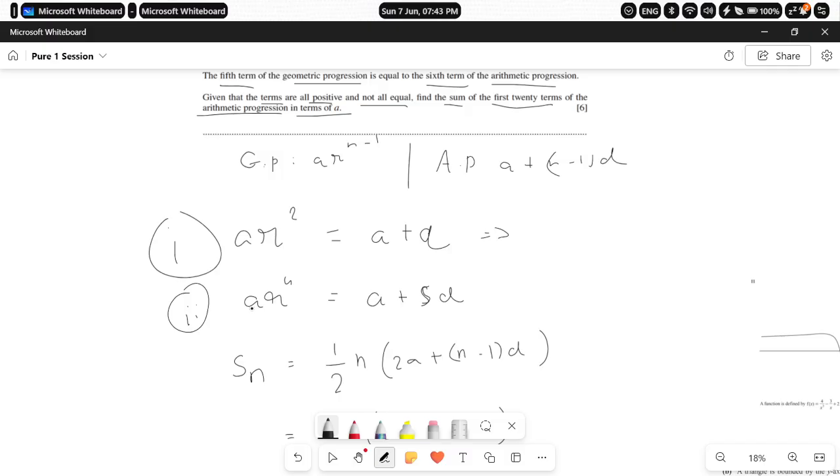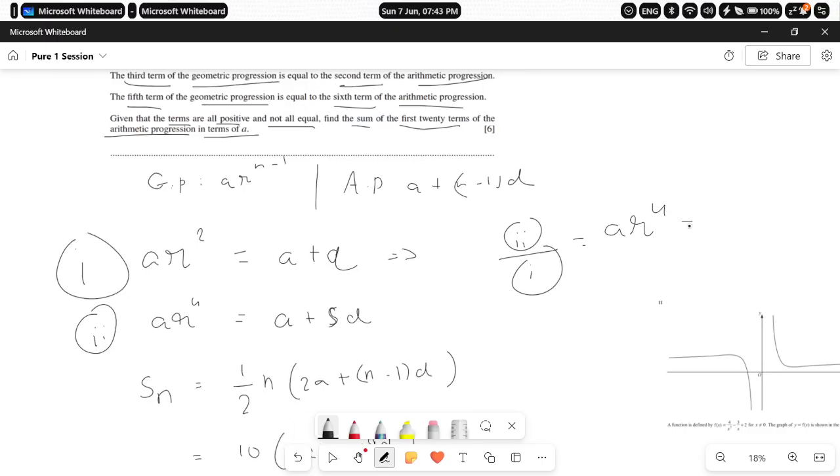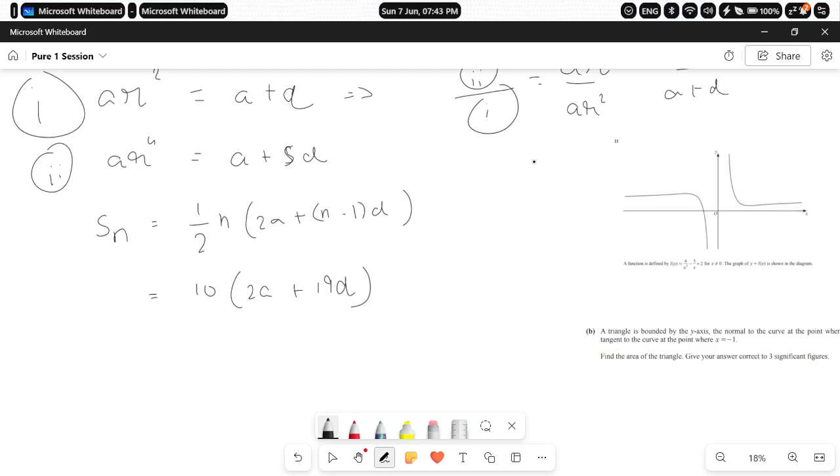What you can do is also divide the second equation by the first equation. So what that gives you is a r raised to 4 is a plus 5d, upon the first equation, ar squared, which is a plus d, right?